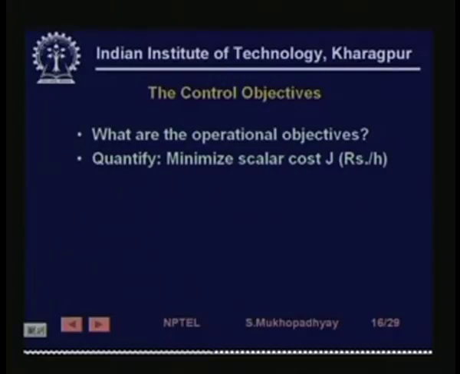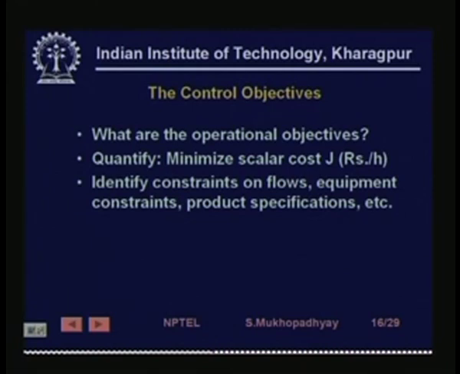So, once you broadly understand the operational objectives, you need to quantify them. So, you need to actually set values which will minimize some scalar cost, right. Scalar means the single overall cost of operation, perhaps expressed as rupees per hour.